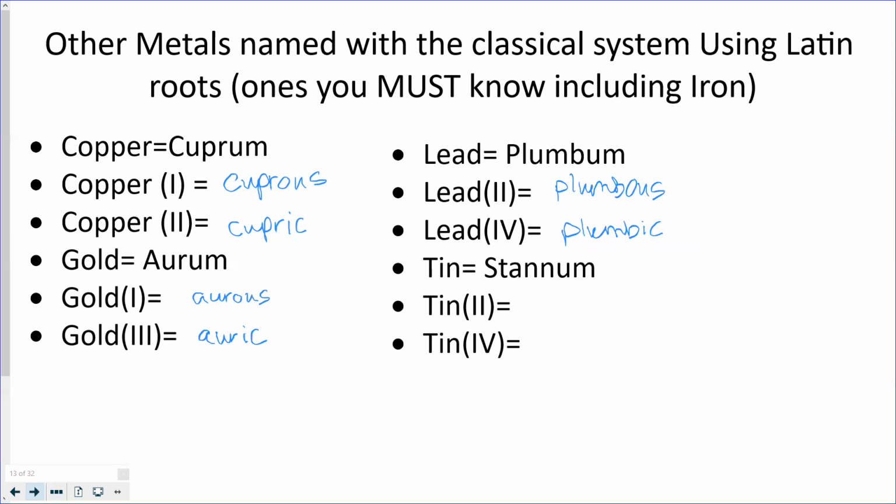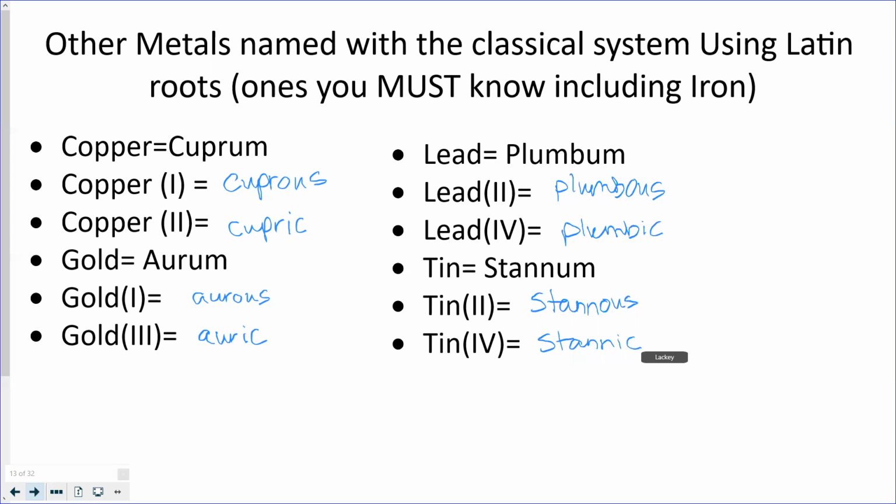And then we have tin. Tin is Sn, which comes from the Latin name stannum. And it has those same charges as lead, the 2 and the 4. So tin 2 is going to be stannous. Tin 4 is the higher charge. That will be stannic.